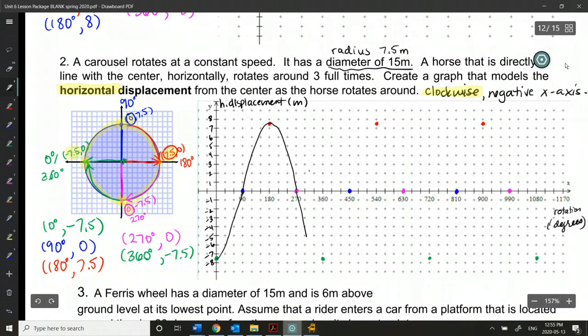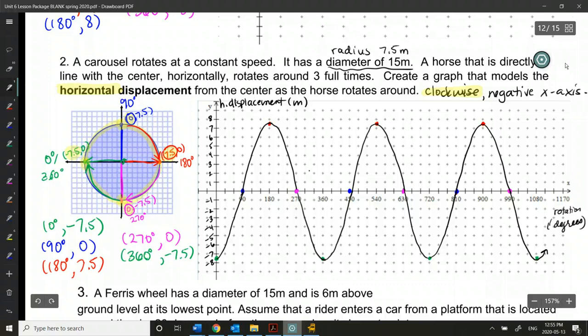So we're going to connect all these points now. No zigzags, guys. Create some nice smooth curves here. And there are our 3 cycles. Okay, so there's our graph.